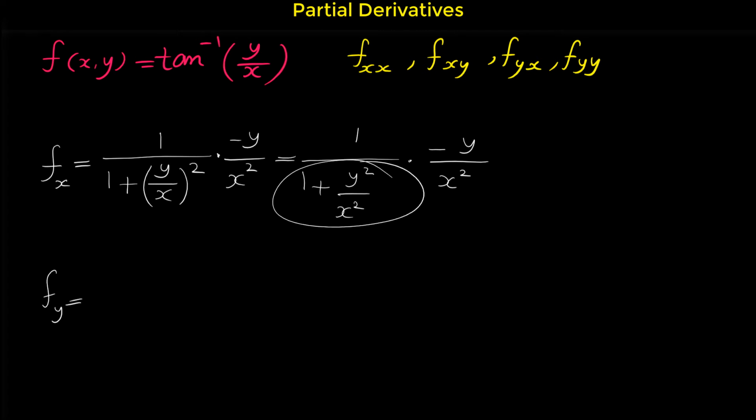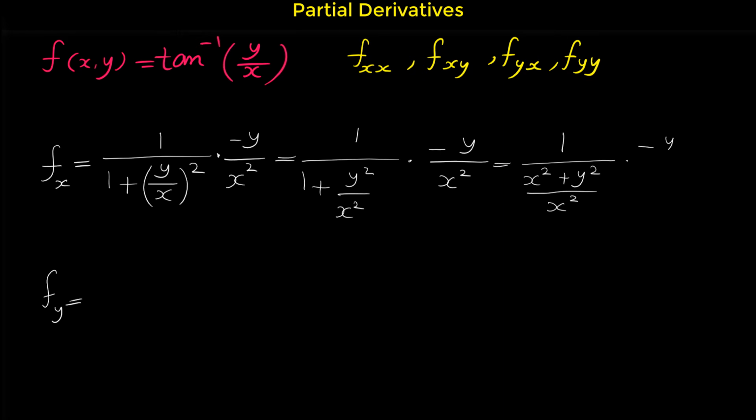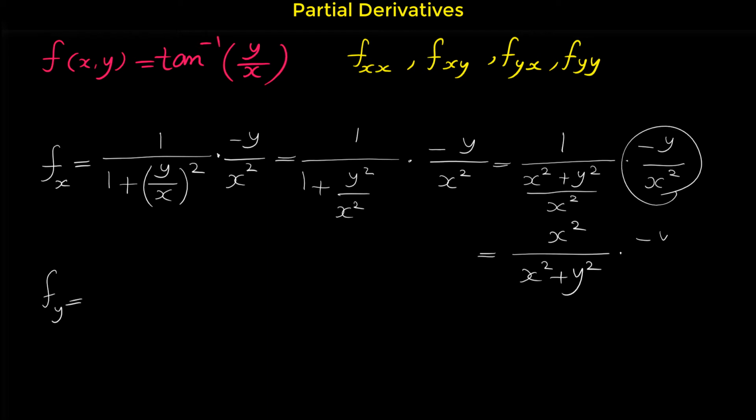If here we do a common denominator between y squared over x squared and 1, we have 1 over x squared plus y squared over x squared, times negative y over x squared. Now here in this fraction we have 1 over this fraction, which means reciprocal of this fraction. So this equals x squared over x squared plus y squared times this.